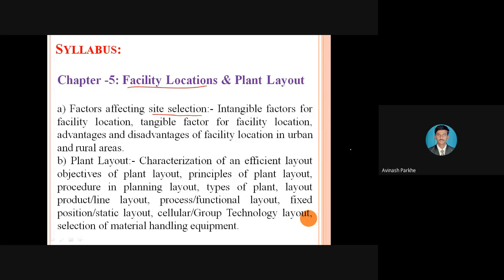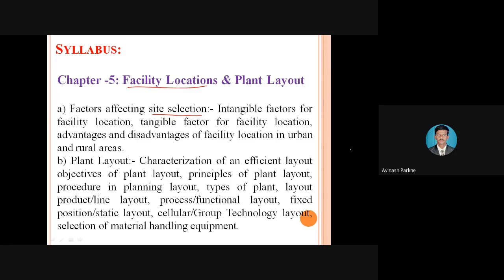Mostly there are two factors we are considering, tangible factors and intangible factors, which means we can say primary and secondary. Whenever I have to select the location for my industry, the site for my organization, for my business, two important factors we are considering. The first one is called primary, which is the tangible factor.